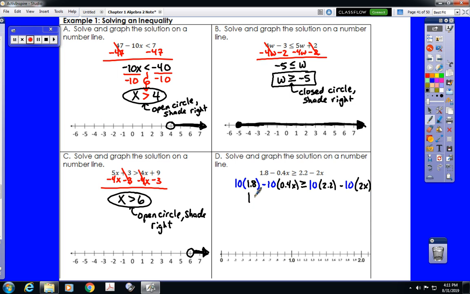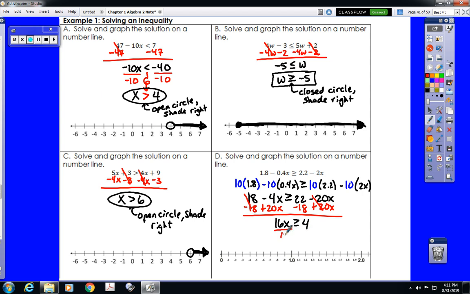That changes this inequality into 18 minus 4x is greater than or equal to 22 minus 20x. At that point, we are going to add 20x to each side and subtract 18, which will give us 16x is greater than or equal to 4.